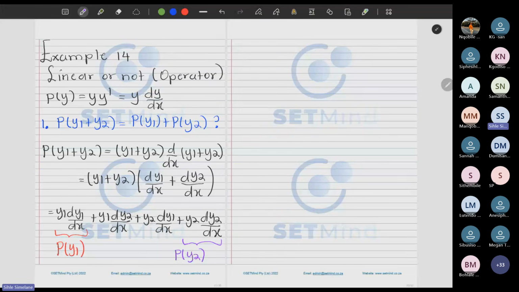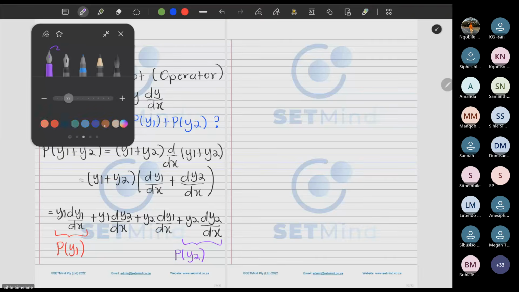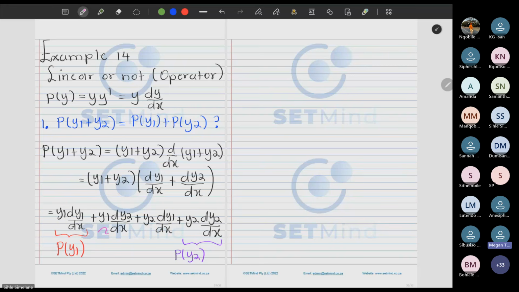So what is the problem here? Because we have our P y1, P y2, is this thing checking out? Is it checking out, guys? No, because the middle terms are not P y1 or P y2.